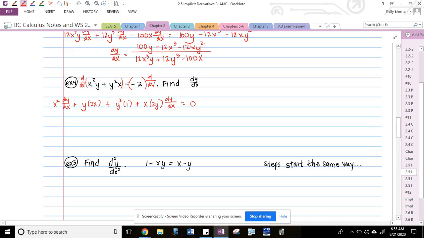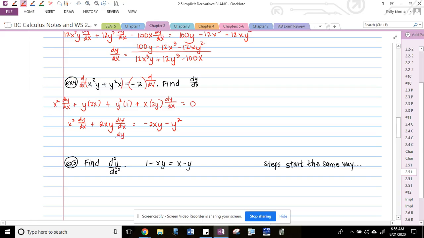So I'm going to get my dy dx's together, and subtract non-dy dx's to the other side. So minus 2xy minus y squared.